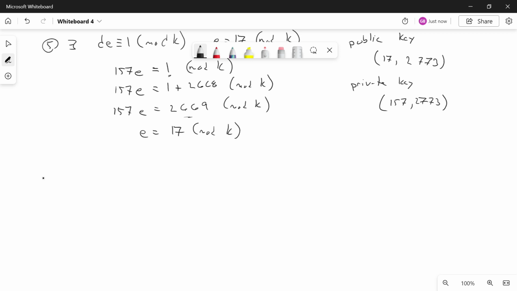So what I want to do is create a C1, which is going to be equal to, well, let's write this a little better because this kind of looks like an E. C1, which is going to be equal to M sub 1, and now using the public key, this is raised to the power of E mod N.